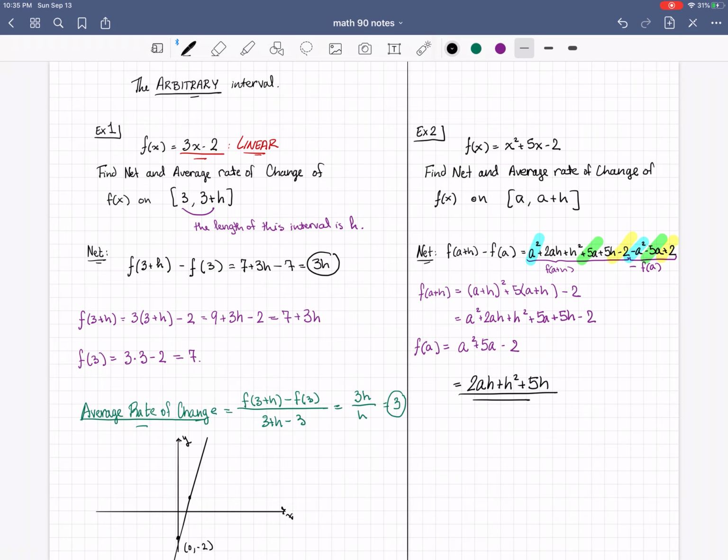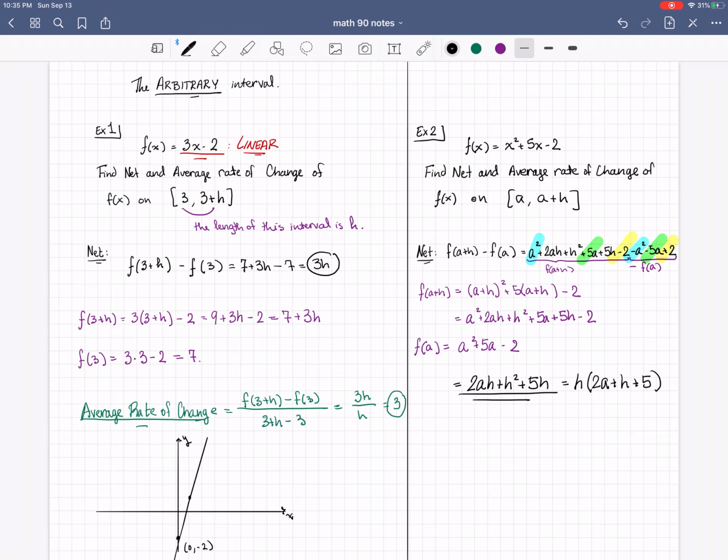Notice that every single piece of the net change has an h in it. This is worthwhile noticing. In fact, we can even say, I see it, and I'm going to factor that h out. So you can sort of clean up the net change as h times 2a plus h plus 5.